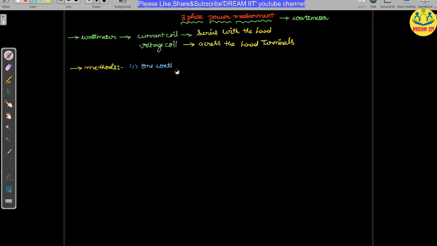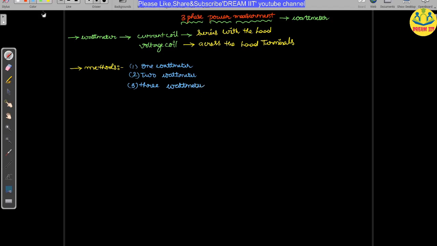Which is not there in your syllabus. Second one is the 2 watt meter method, that is there in your syllabus. Next another is the 3 watt meter method. You can use any method for the measurement of power, but there are some conditions.